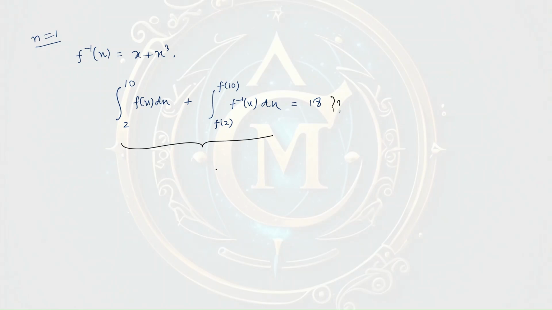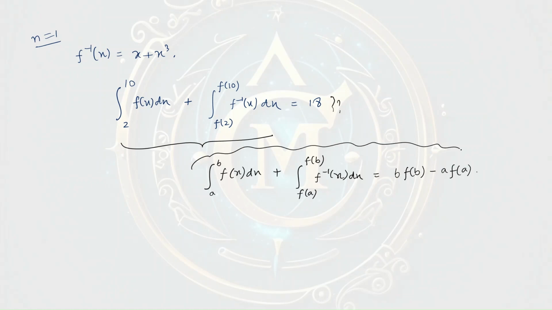Now, what is this? This is a standard formula that you should remember, that the integral from a to b of f x dx plus the integral from f of a to f of b of f inverse x dx is equal to b times f of b minus a times f of a.